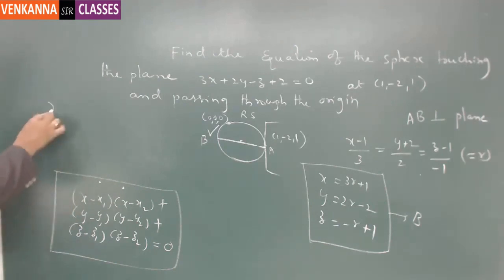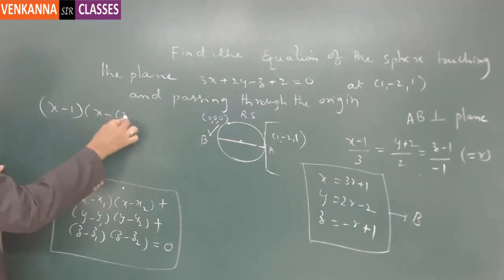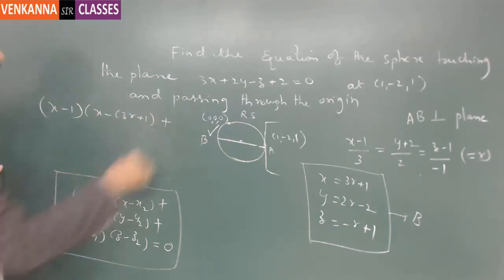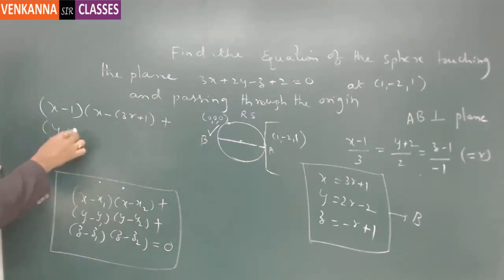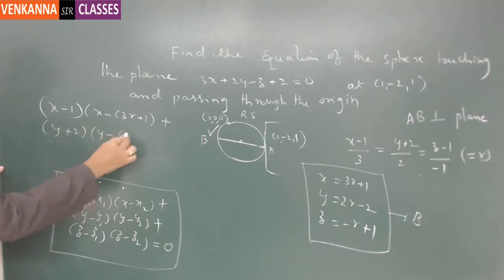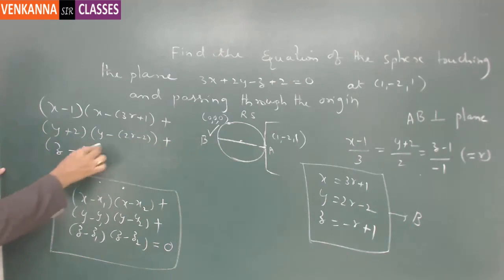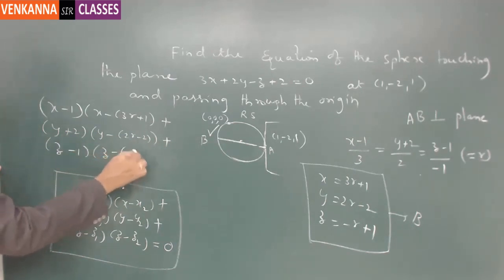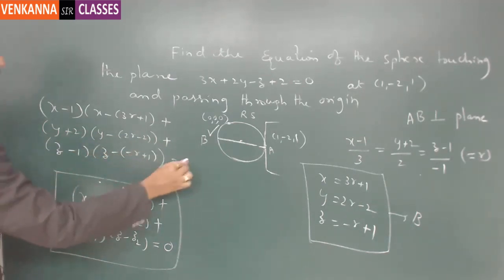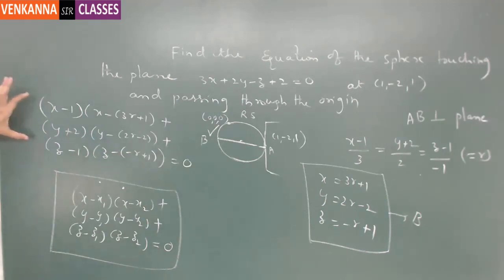So applying the formula, x minus 1 into x minus of 3r plus 1 plus y plus 2 into y minus of 2r minus 2 plus z minus 1 into z minus of minus r plus 1 equal to 0. This is our required sphere equation. You accept it all?